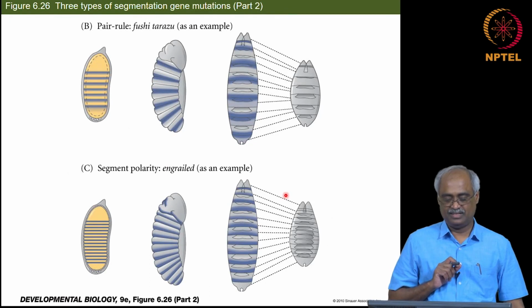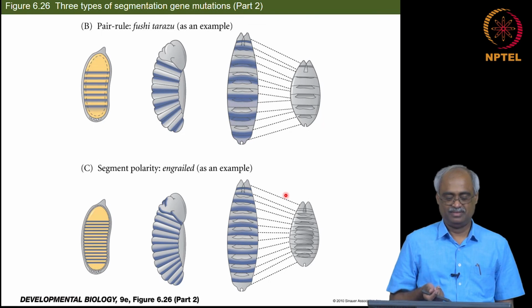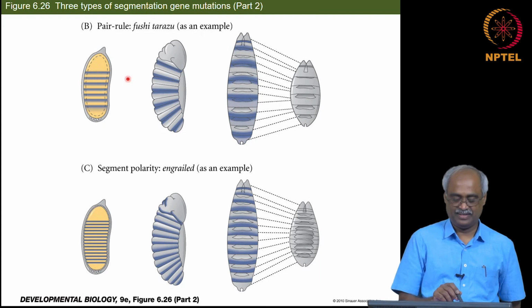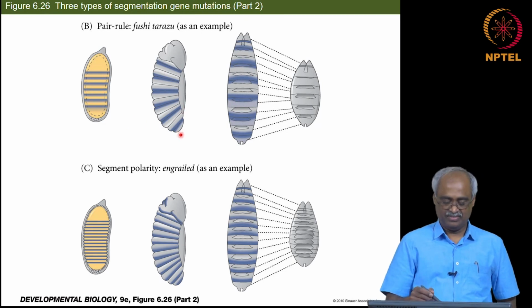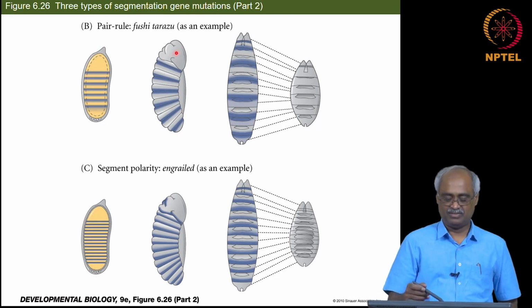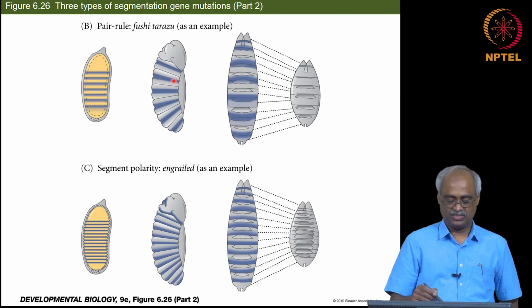This is the pair-rule gene Fushi tarazu, and again you see that in the very early syncytial embryo you have this expression pattern, and in the segmented late embryo you have a focus on the anterior of one and the posterior of the adjacent segment.